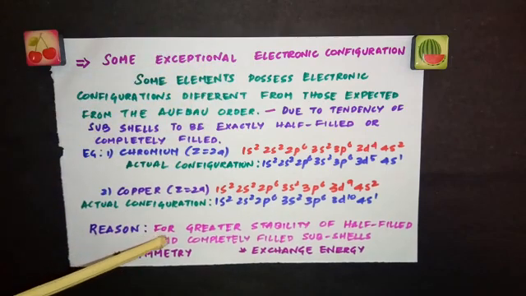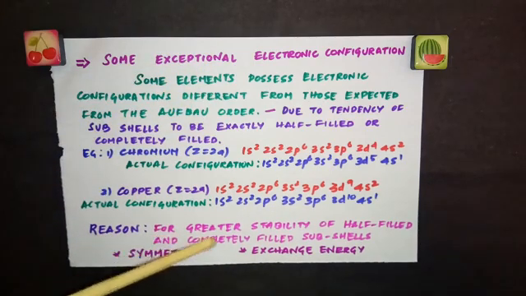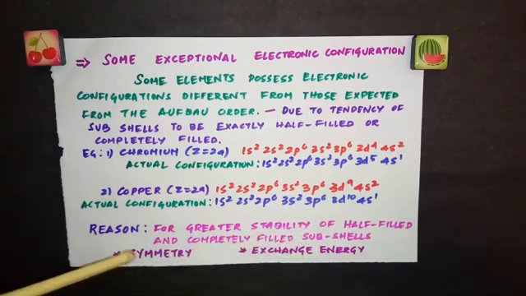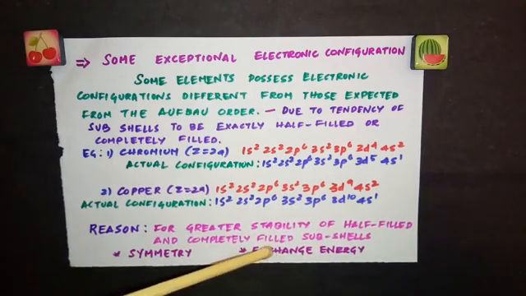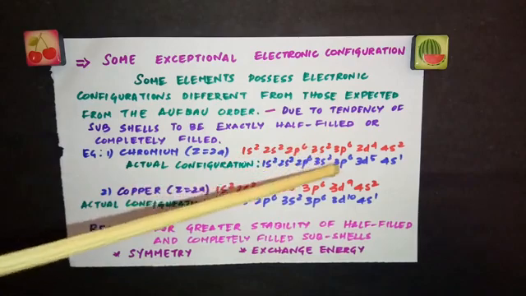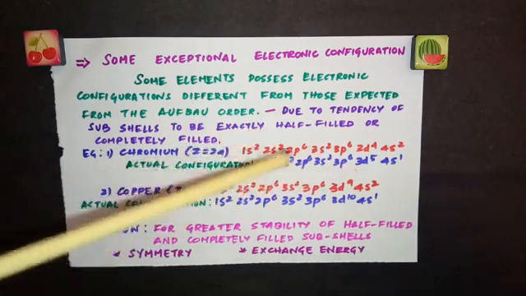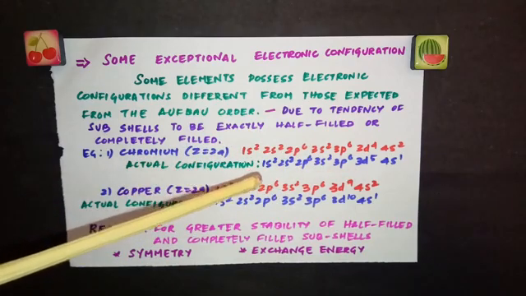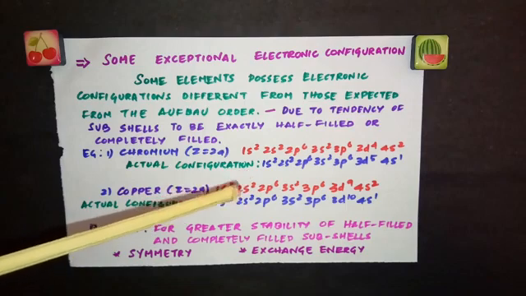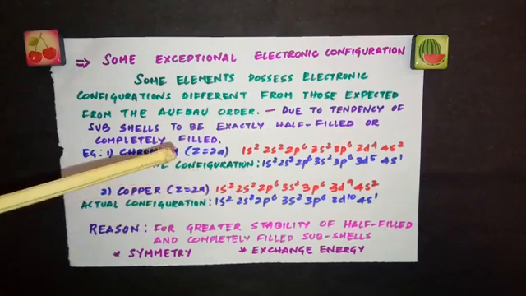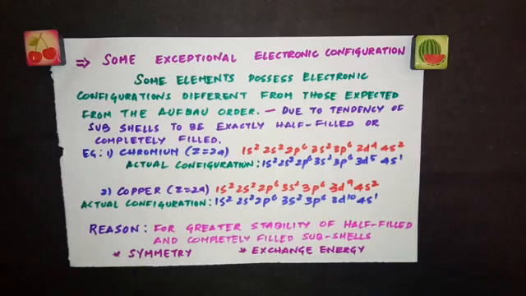The reason for the greater stability of half filled and completely filled subshells is symmetry and exchange energy. See, when there are 3 electrons in p or 6 electrons in p orbital, then it has a symmetry. So due to that symmetry, they have greater stability. So more symmetrical, more stability.